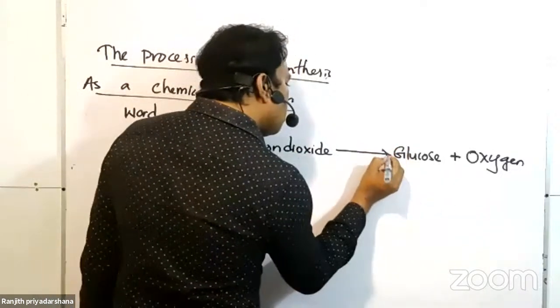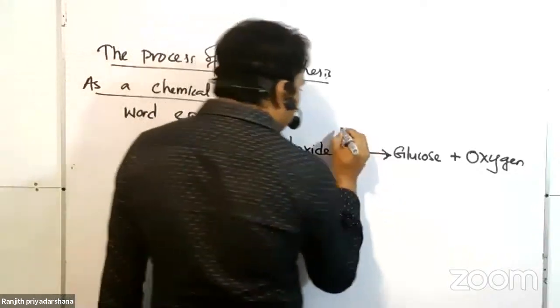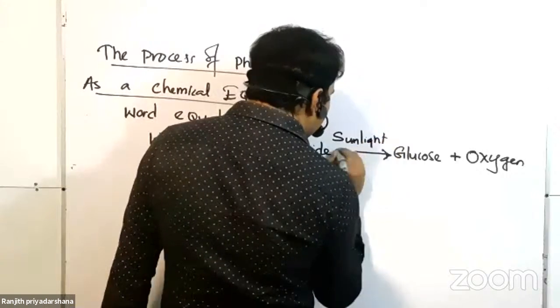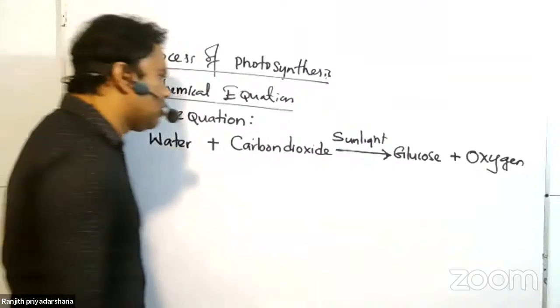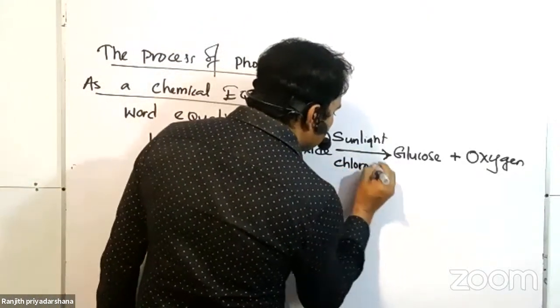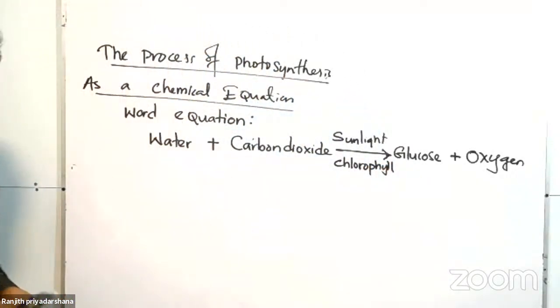So what is the energy required for that? Yes, sunlight. The energy of sunlight is absorbed with the help of what? Chlorophyll. So this is the word equation. Take it down.